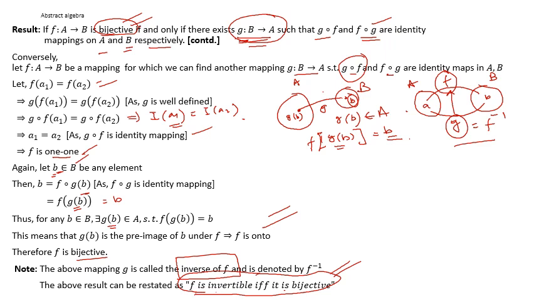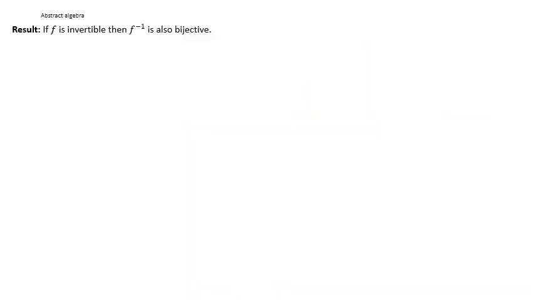This result can be restated as this. Now আমরা দেখলাম যে f যদি invertible হয়, আগের রেজাল্টে f যদি invertible হয়, then f inverse exists, এবং এটা তখনই হবে যখন f টা বাইজেক্টিভ হবে। f যদি বাইজেক্টিভ হয় তাহলে f is invertible. এখন আমরা বুঝতে পারছি যেমন f inverse exist করবে, কিন্তু শুধু তাই নয়, f inverse যখন exist করবে, here we will show that it is also bijective. অর্থাৎ f যদি bijective হয়, this implies f is invertible.